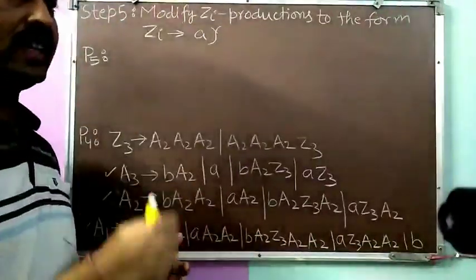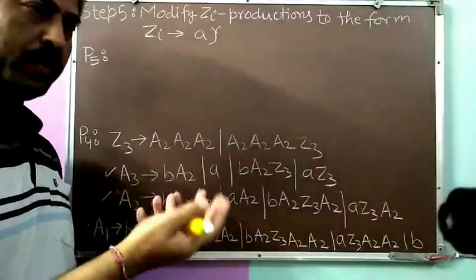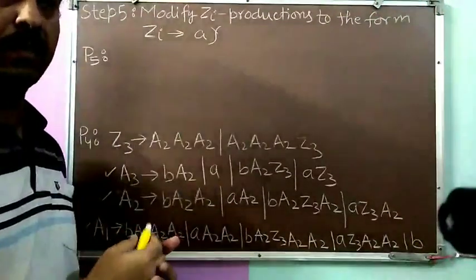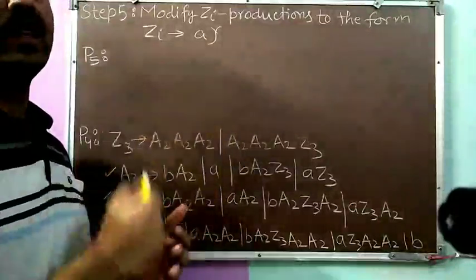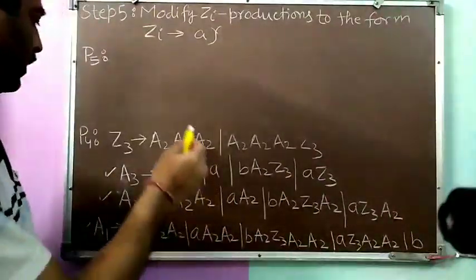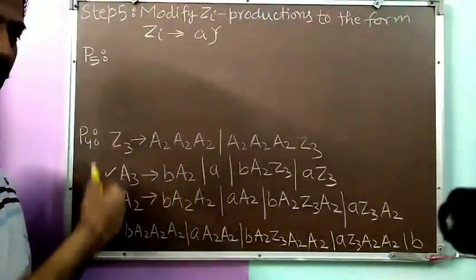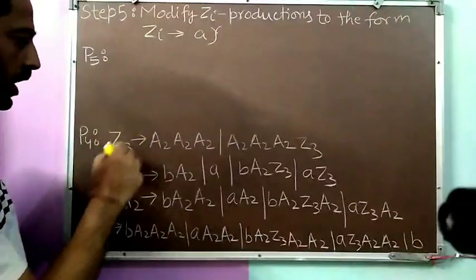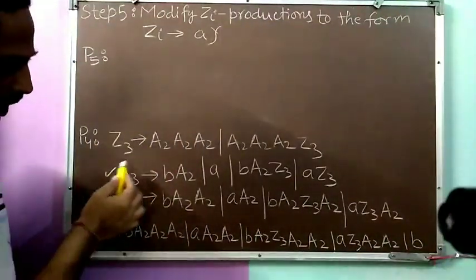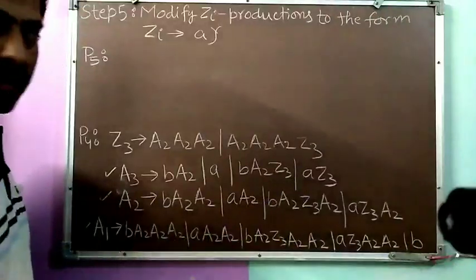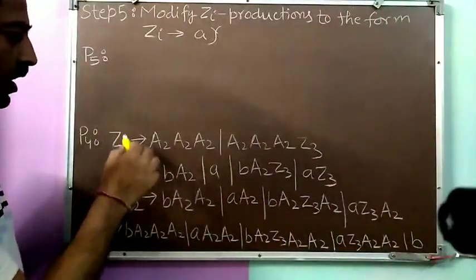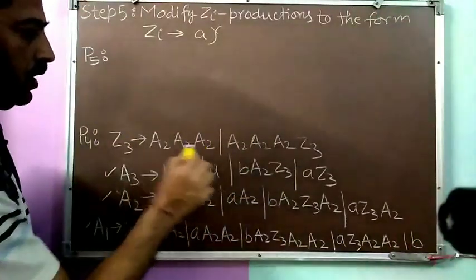All those Zi's may not be in the required form, that is, starting with a terminal; they may still start with variables. As we can see in this P4, which we obtained up till the last step, all A1, A2 and A3 are starting with terminal symbols, but this Z3 is starting with a variable, that is A2.